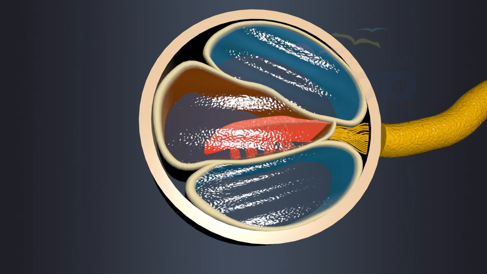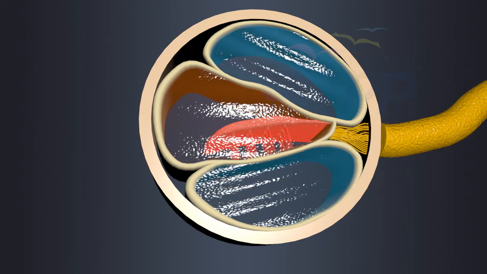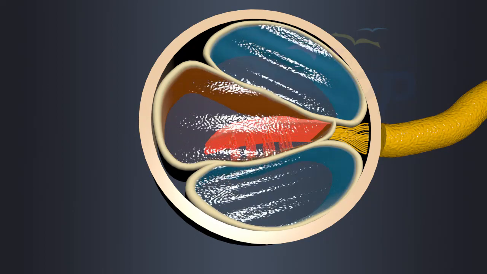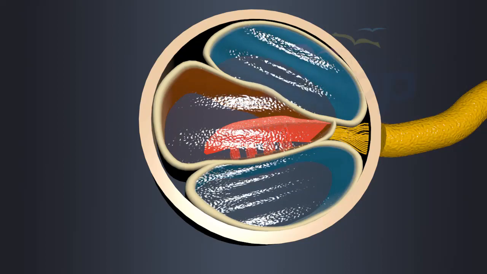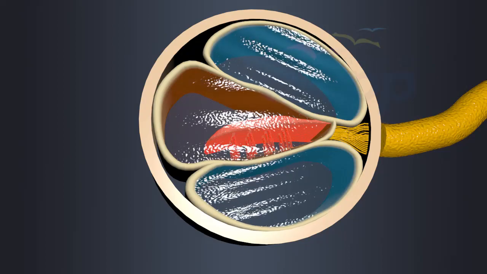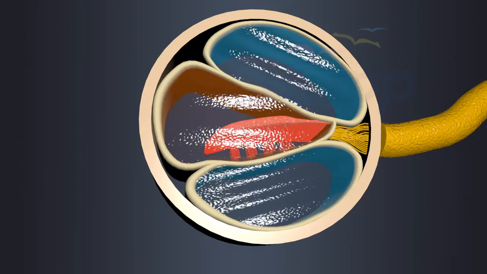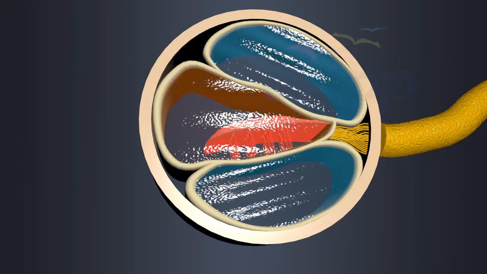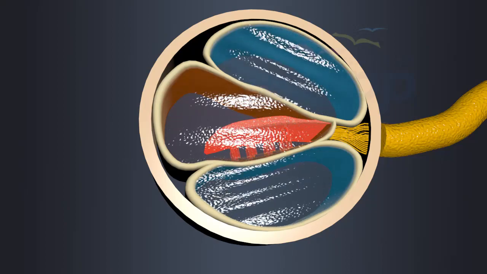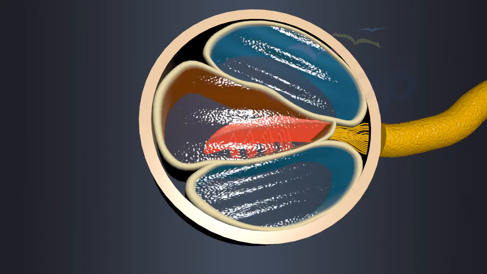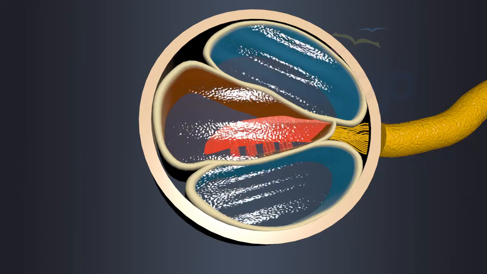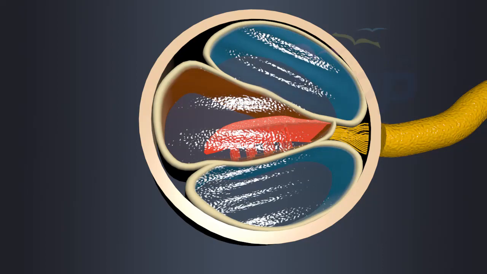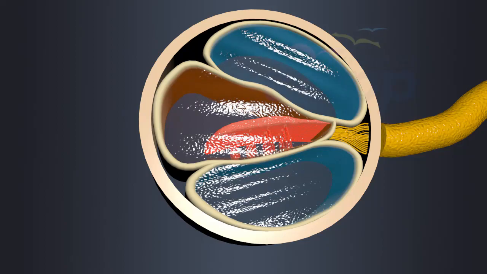The vibrations from the oval window cause ripples in the perilymph of the scala vestibuli. These vibrations travel through the scala vestibuli and reach the scala media or cochlear duct and cause ripples in the endolymph within the cochlear duct.